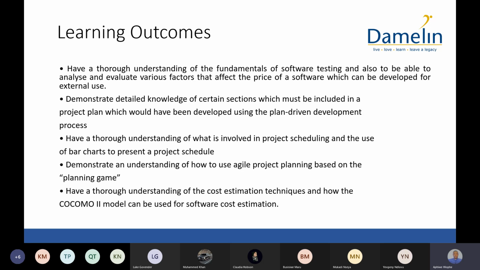Have a thorough understanding of what is involved in project scheduling and the use of bar charts to present a project schedule. Demonstrates an understanding of how to use agile project planning based on the planning game, and have a thorough understanding of the cost estimation techniques and how COCOMO 2 model can be used for software cost estimation.